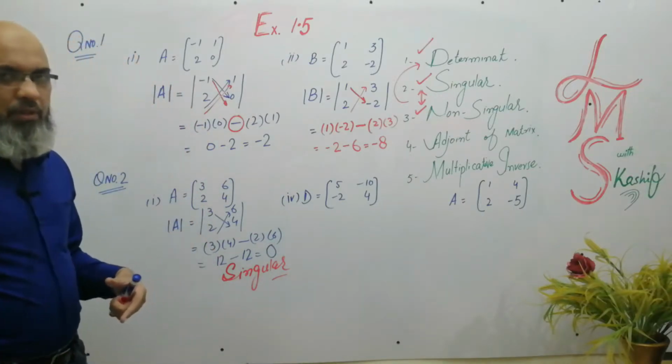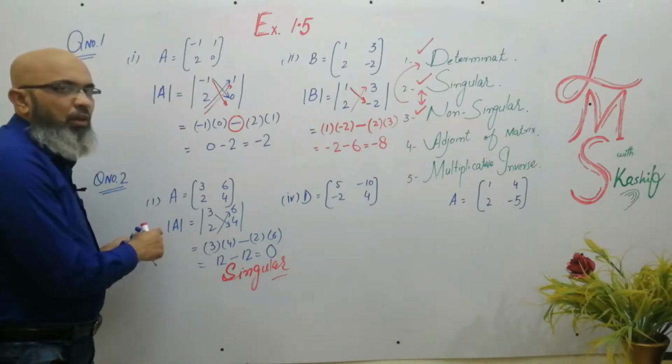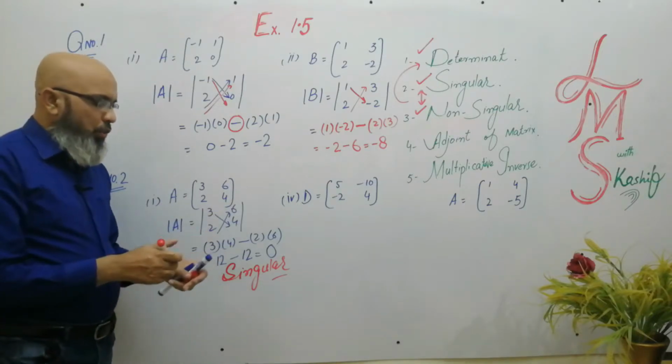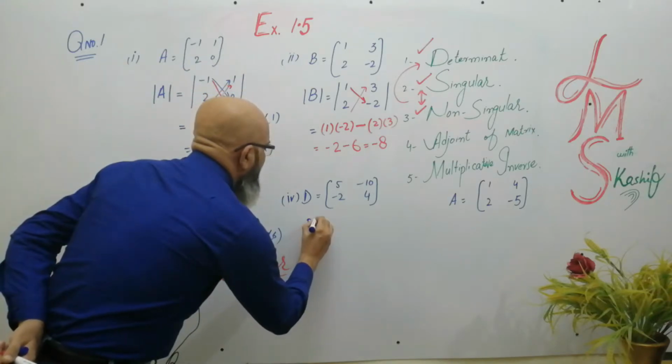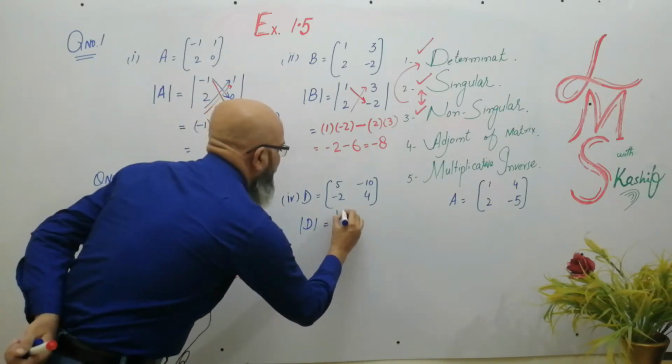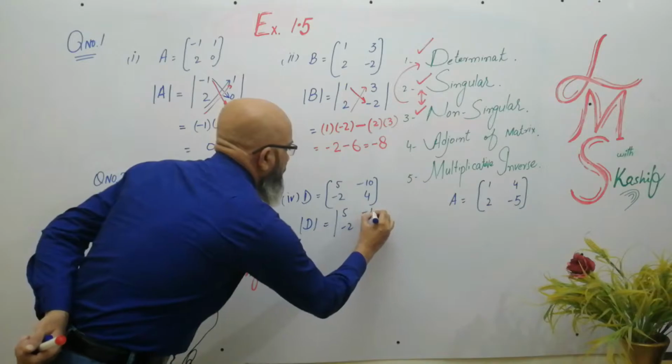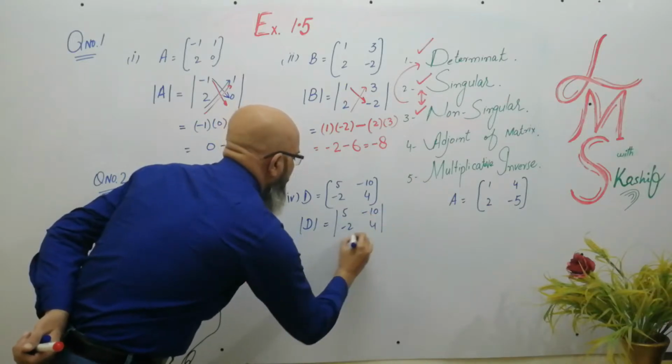And this is the question. Is this matrix singular or non-singular? So now come to the second question. Again change this into determinant. 5, minus 2, minus 10 and 4.